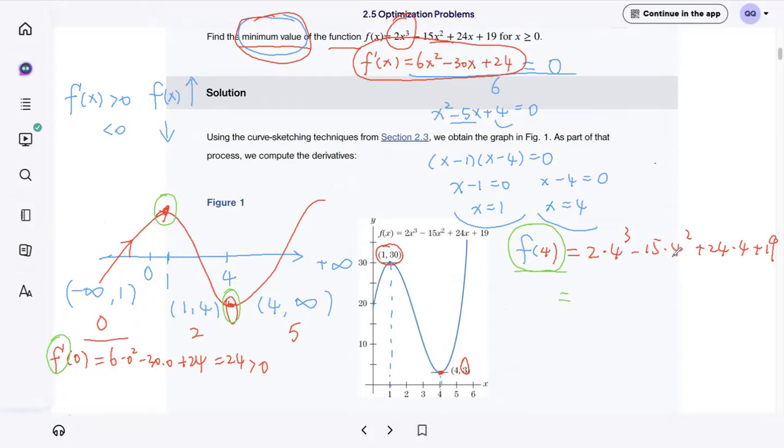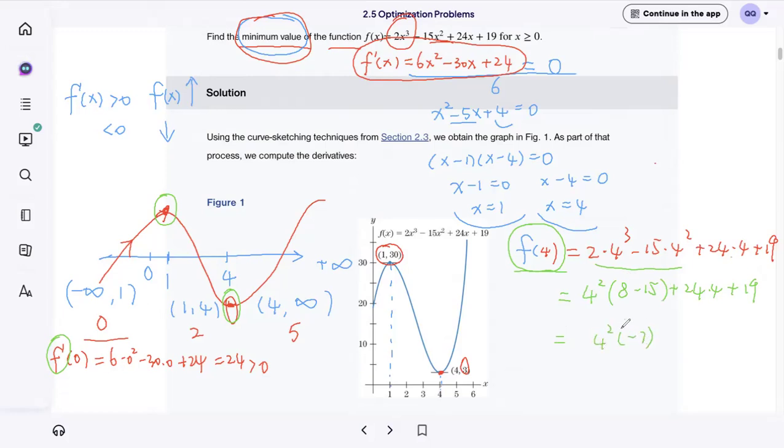Then with these, we can factor out 4 squared. So I have 2 times 4, that's 8, minus 15, then plus 24 times 4 plus 19. If you have a calculator, just use your calculator to do this. Then 8 minus 15, that's negative 7.